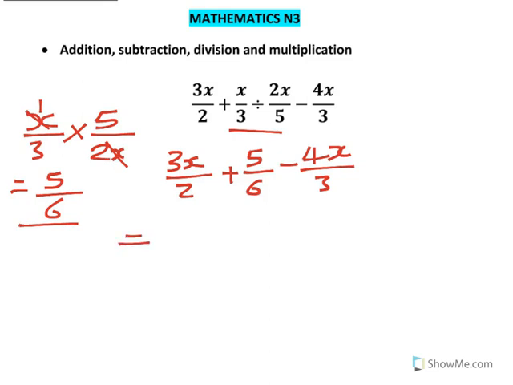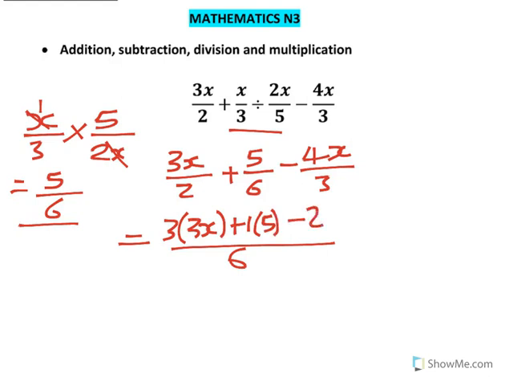Now you look at the common denominator, and the common denominator can be 6. Because 2 can get into 6, 6 can get into 6, and 3 can get into 6. So 2 into 6 gives you a 3 multiplied by 3x, plus 6 into 6 gives you a 1 multiplied by 5, minus 3 into 6 gives you a 2 multiplied by 4x.